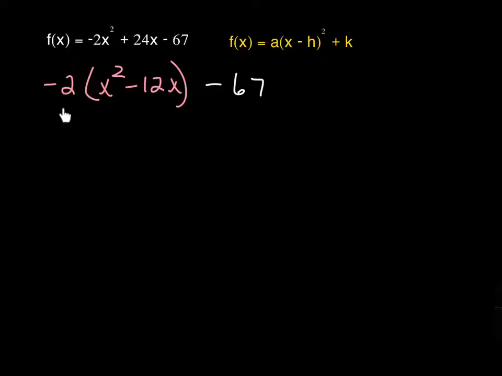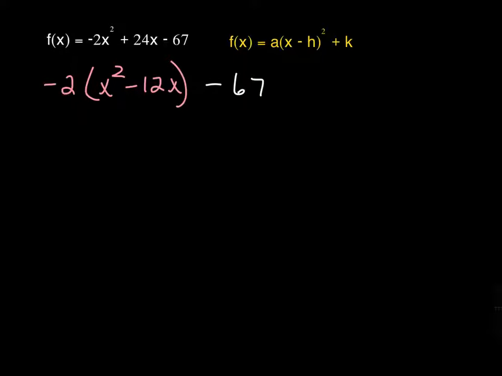Okay, so when we factored out the negative 2, we had x squared left over and a negative 12x, because remember we're just dividing 24x by negative 2. Now that it's written like this, remember we could distribute the negative 2 back into each of these terms, and we get this exact same thing. So we have not changed the value, we've just rearranged it to try to get it into this form.